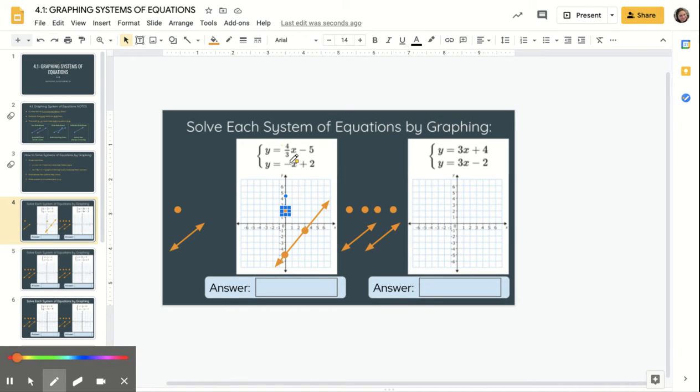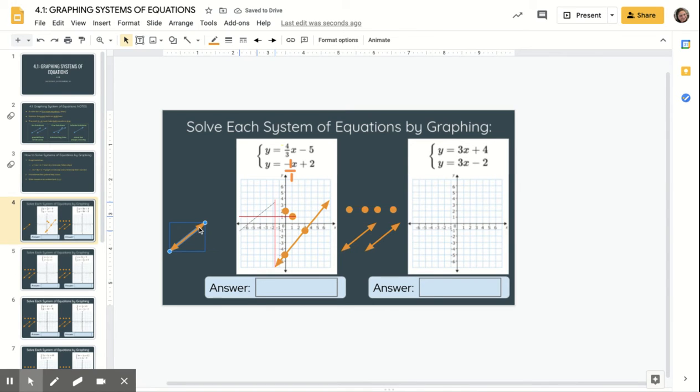If that bothers you, you can put a negative 1 over 1, which means you're going to go down 1, right 1, like that. And then make your line go through it, and beyond, to make sure that you actually get to the other line, like that.